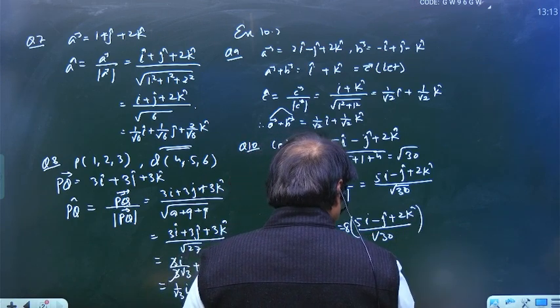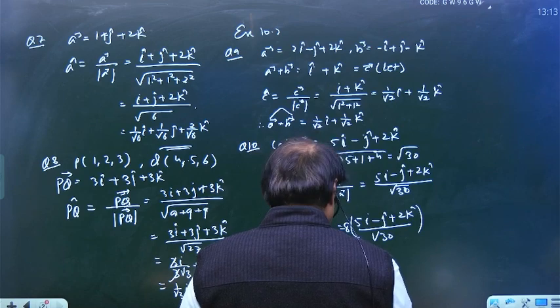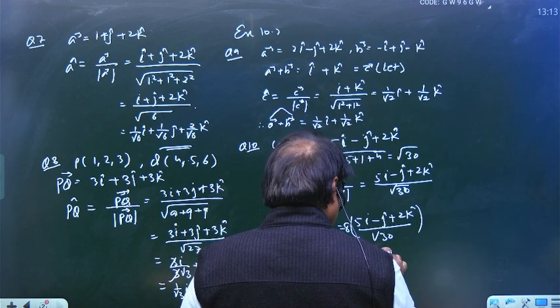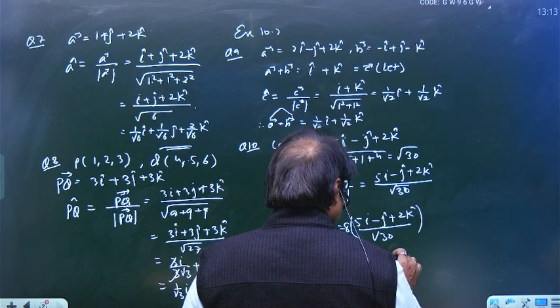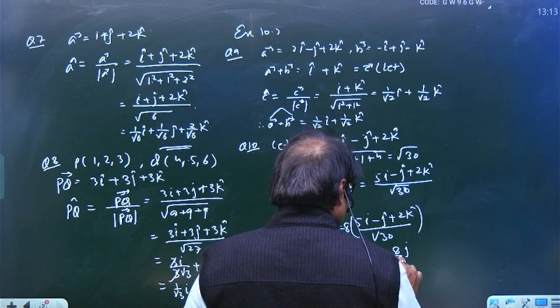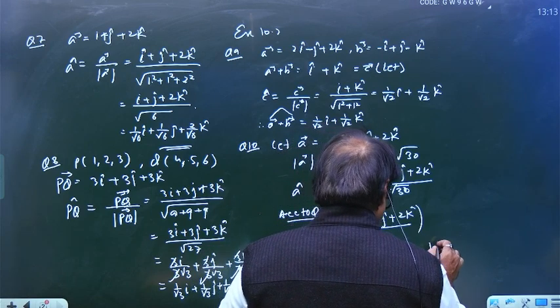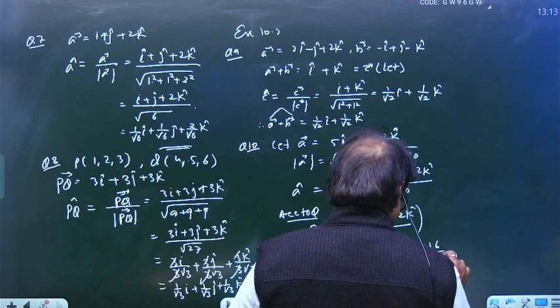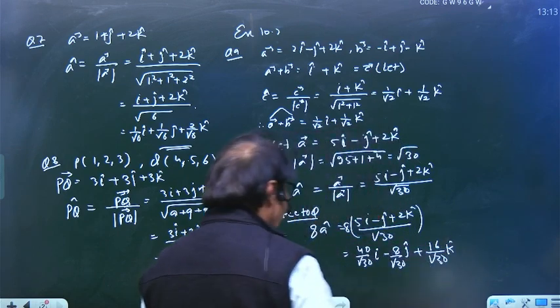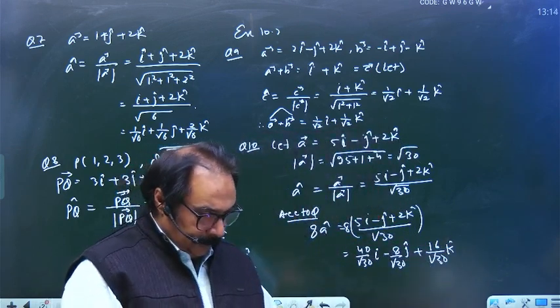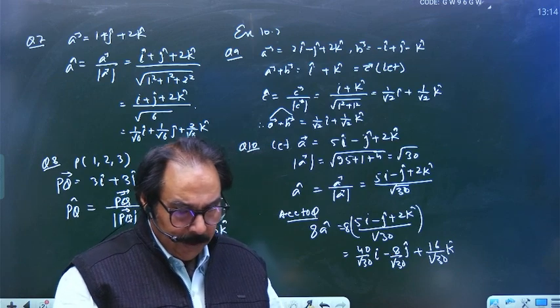So this will be 8 fives are 40 by root 30 i cap, minus 8 by root 30 j cap, and plus 8 twos are 16 by root 30 k cap. So this should be the answer of question number 10.